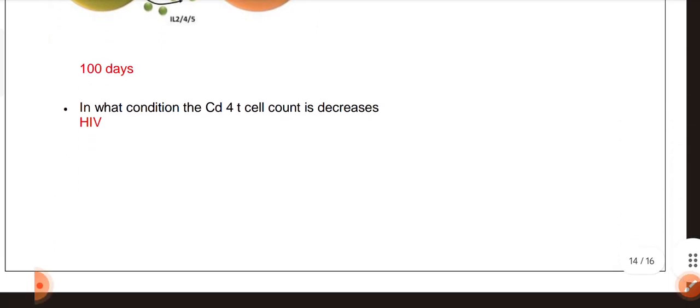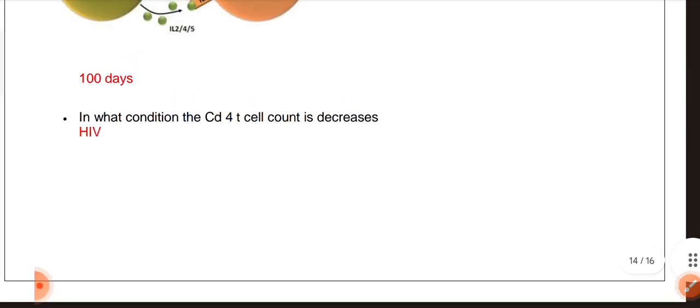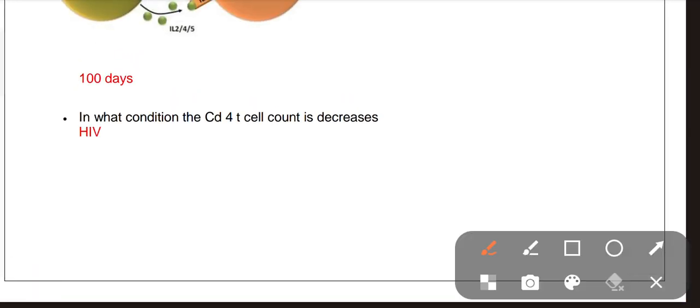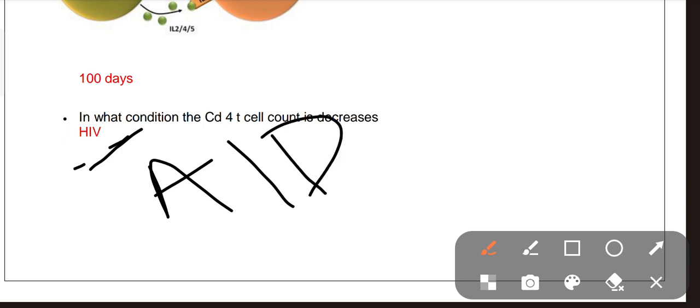The next point is, in what condition is the CD4 T cell count decreased? In the case of HIV, human immunodeficiency virus, that is AIDS, the person will have a reduction of CD4 T cell count.